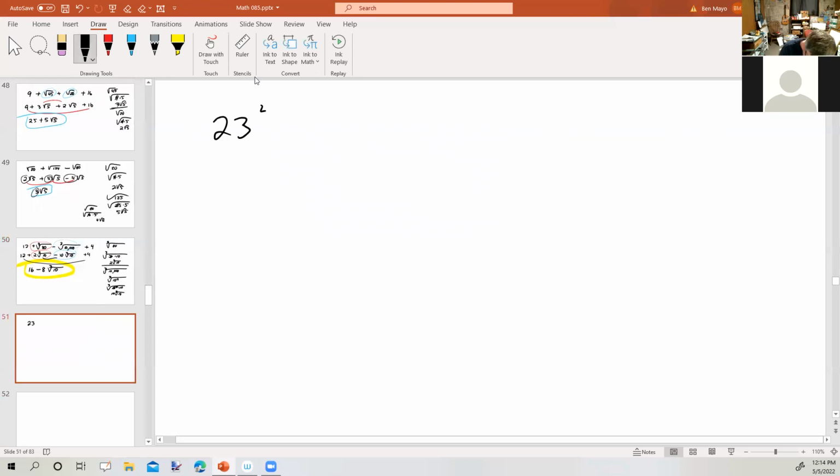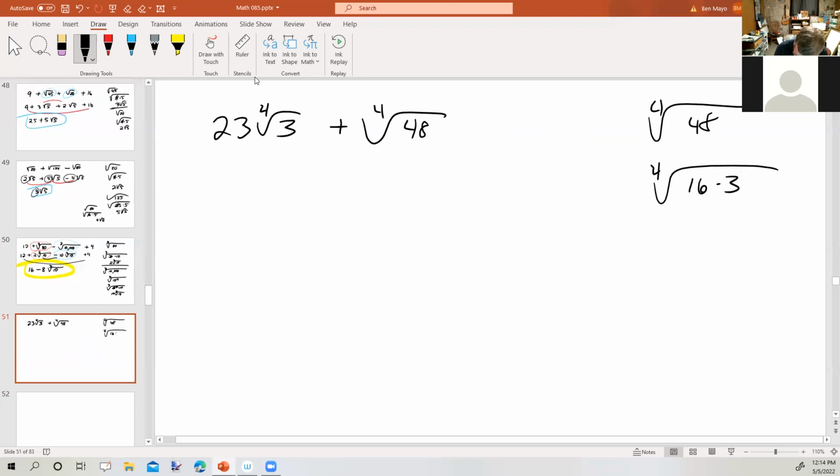23 fourth roots of 3 plus the fourth root of 48. Well, the fourth root of 48 is equal to the fourth root of 16 times 3. 16 is 4 times 4, or 2 times 2 times 2 times 2.